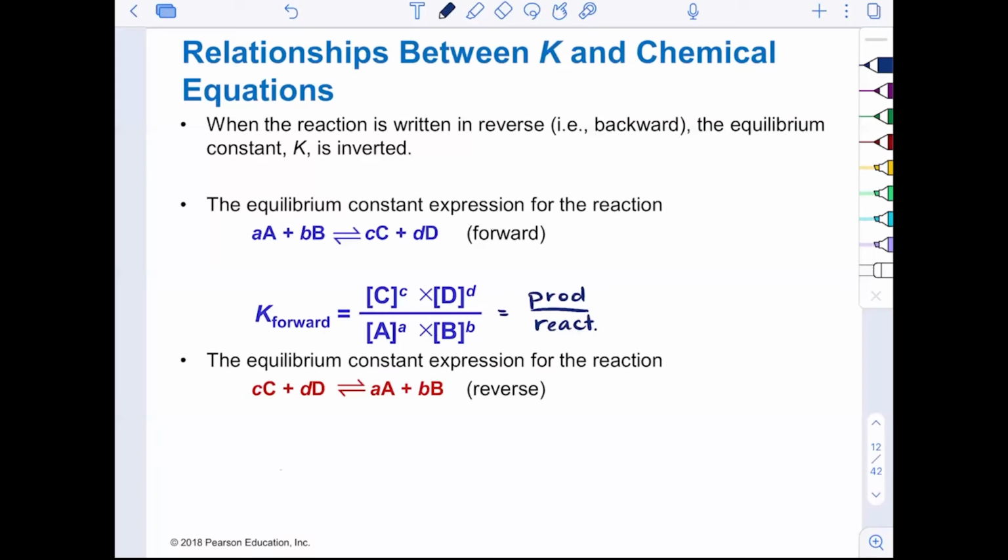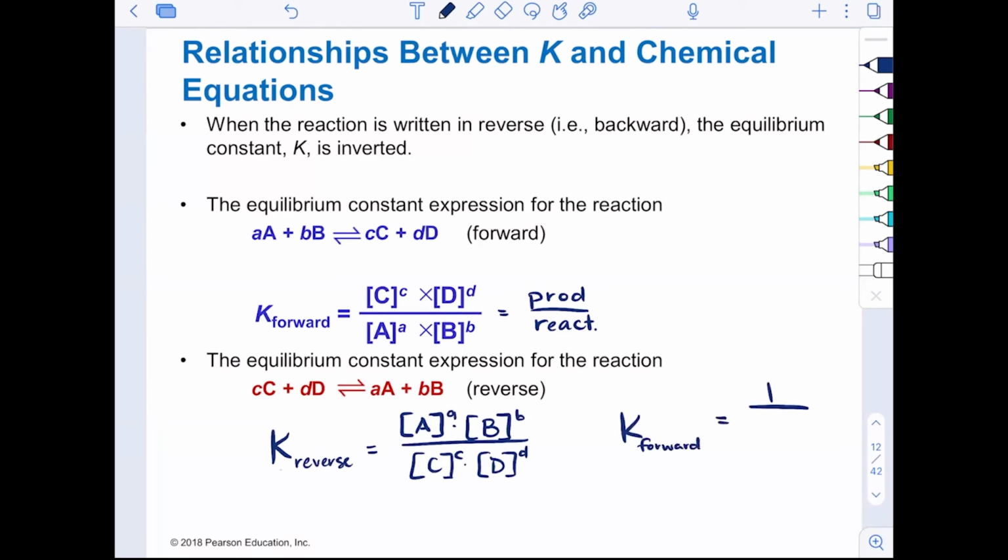If we wanted to reverse the reaction, flip it, right? Draw the K of the reverse reaction. Again, products over reactants, and how that chemical equation is drawn tells us A times B over C times D. And so when we look at what happened, K of the forward is equal to 1 over K for the reverse.